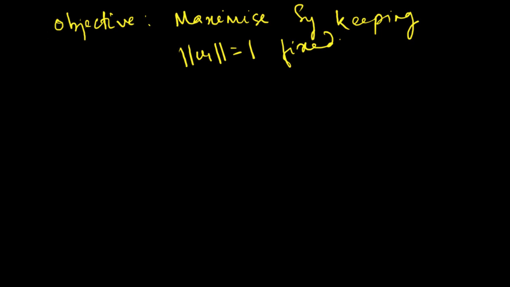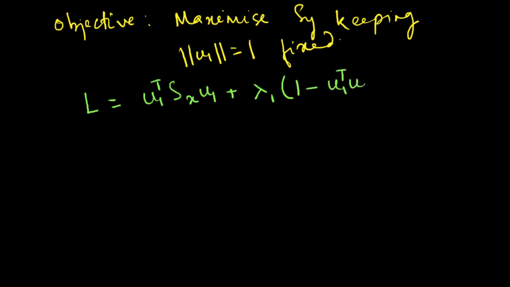If you are not familiar, please go back and take a look at the Lagrange multiplier problem. So if we define this function L equal to u1 transpose Sx u1 plus lambda 1 times 1 minus u1 transpose u1, this lambda is our Lagrange multiplier. Now our objective is to maximize capital L by changing u1.